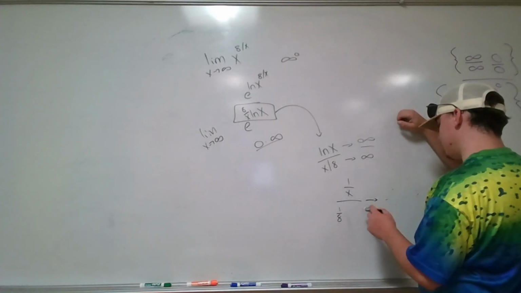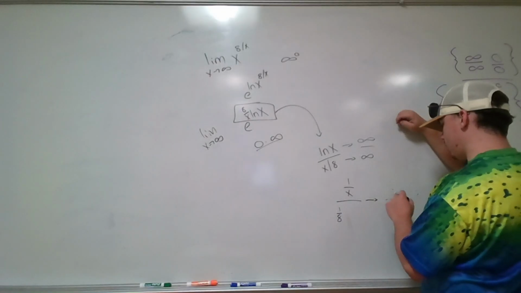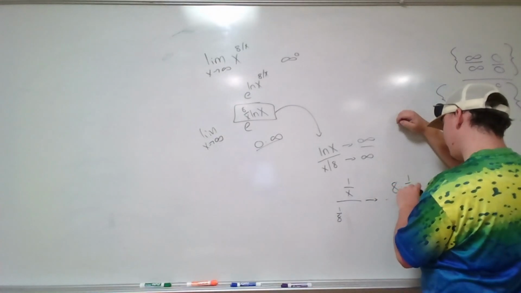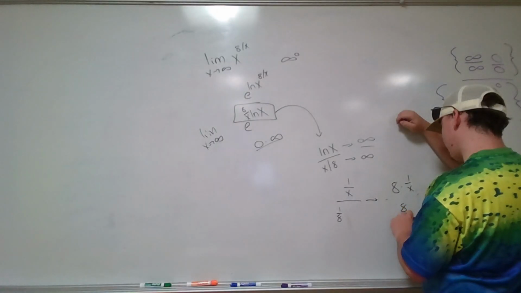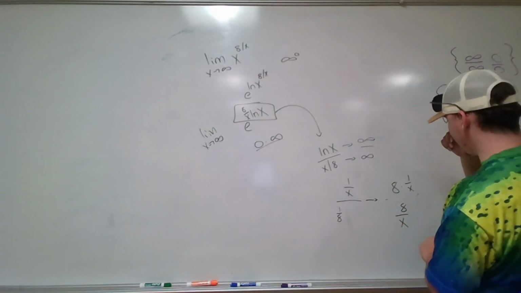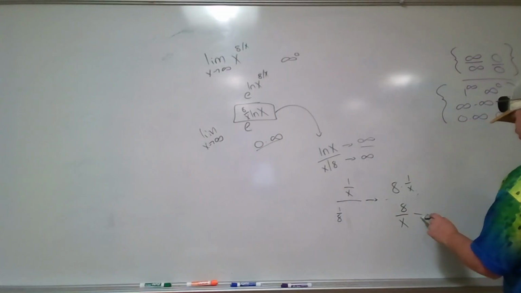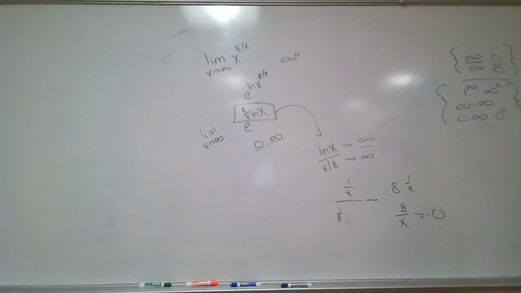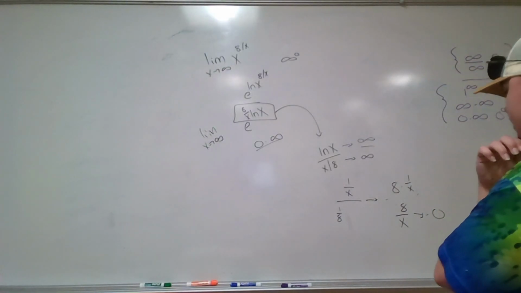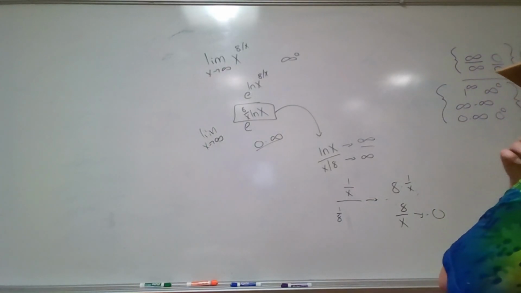Oh yeah. So we can essentially do a times 1 over x, and we're going to get a over x. And as x approaches infinity, we end up approaching 0. That's not right. Yeah, that's incorrect. Where is the problem?